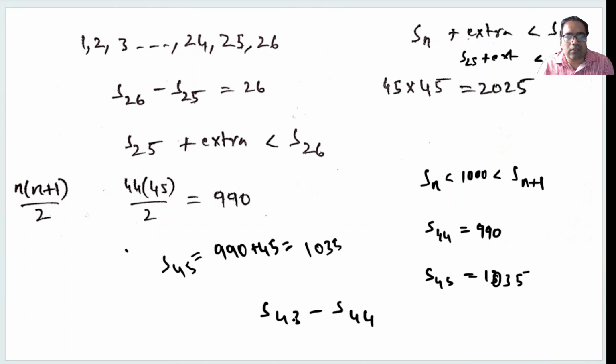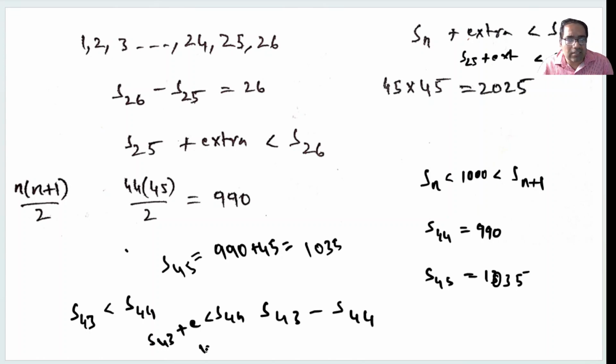No way, right? Because S44 itself is 990. So 1000 cannot be less than S44. Whatever we add to S43, it will still be less than S44, because S43 plus extra is always less than S44, since extra is max 44.